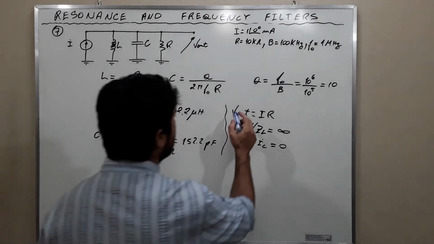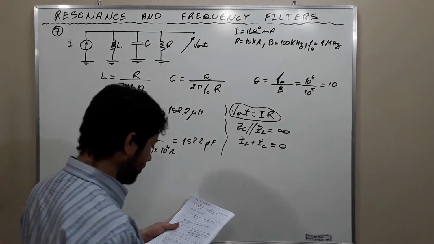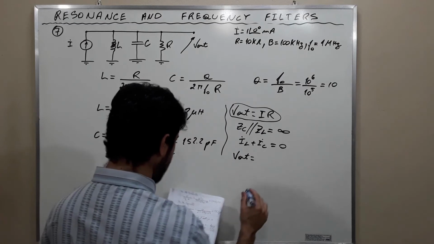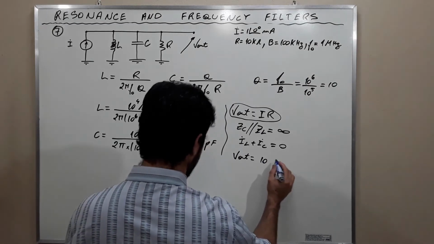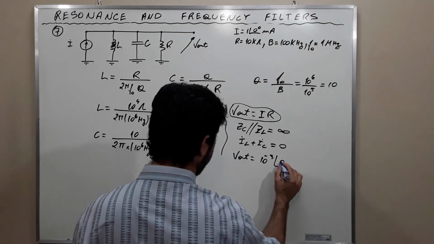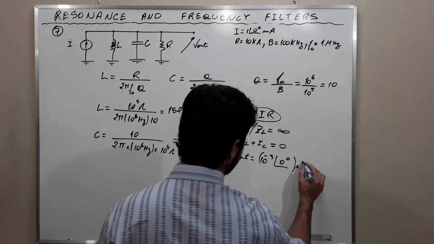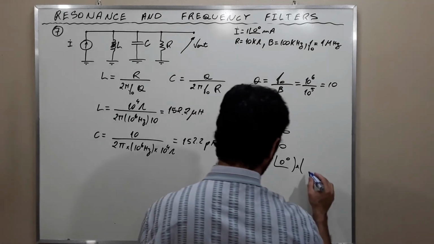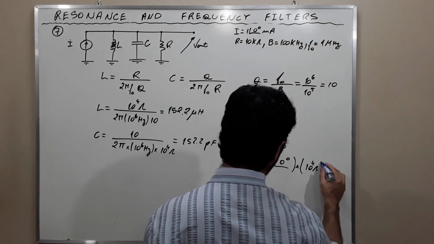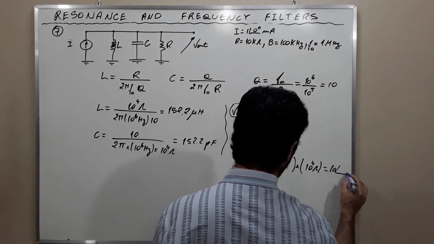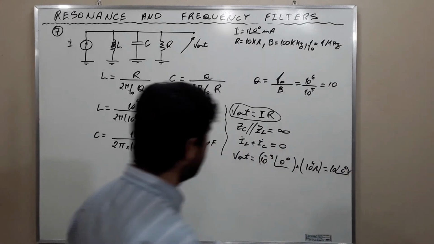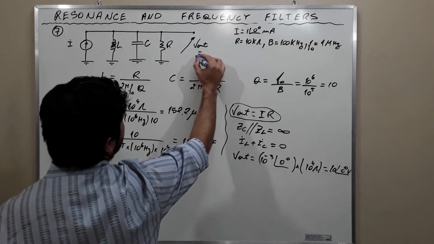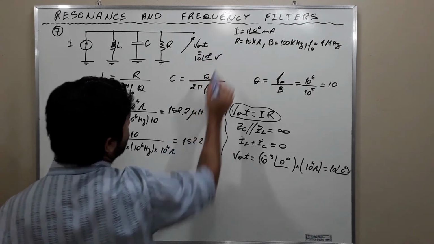In this case here, knowing this, we know that the output voltage V out is going to be equal to I, which is 10 to the negative 3 phase 0 degrees amps, times the resistance, which is 10 kilo ohms, 10 to the 4th ohms, and this is equal to 10 phase 0 degrees volts. Okay? This is the output voltage.